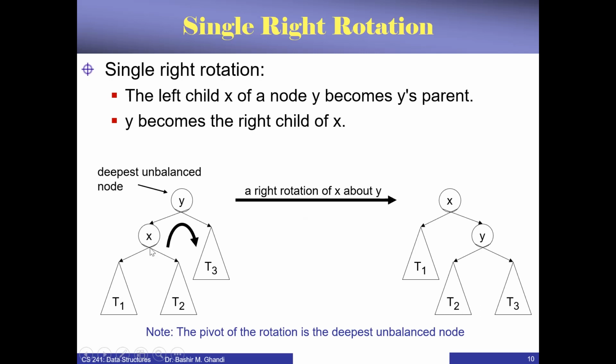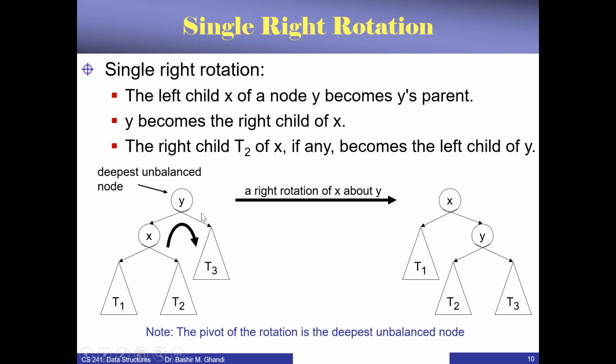The question is, what happened to the former right child of x? We say y will become the right child of x, but x may or may not already have a right child. If it has a right child, that right child becomes the left child of y.